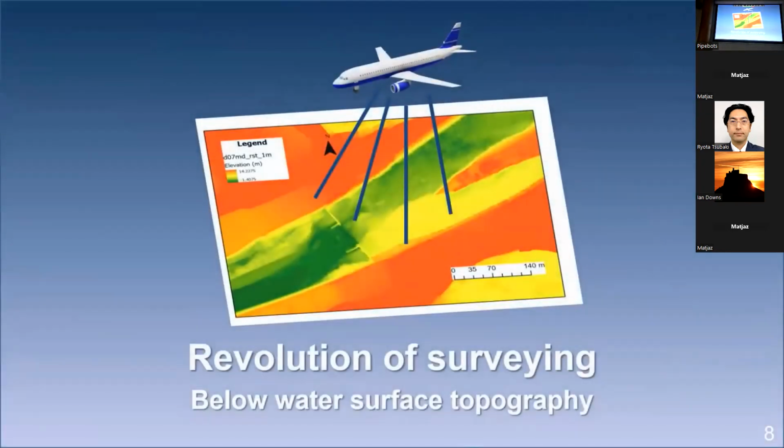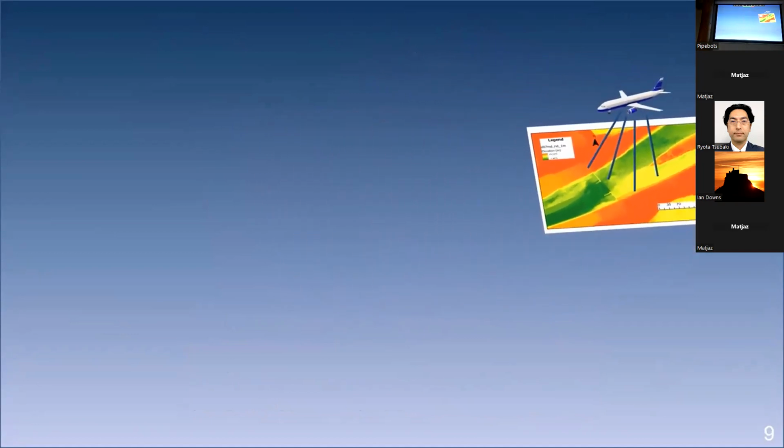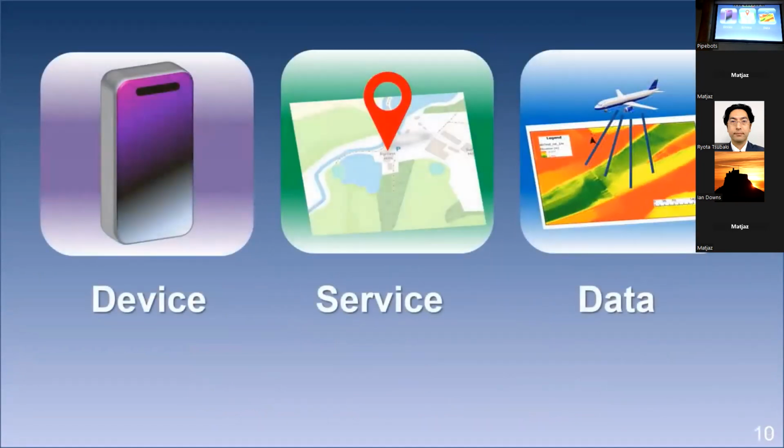For resolution survey, underwater topography, bathymetry can be measured by using UAV or airplanes. So that is also a third important innovation related to the topic. So device, service, and data. Three key factors.